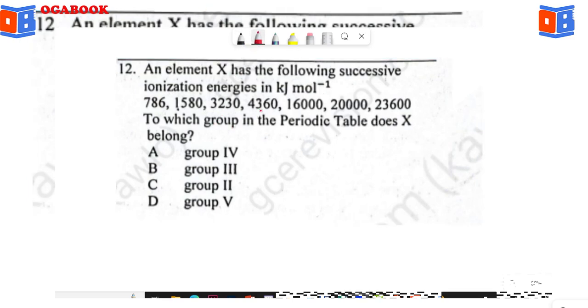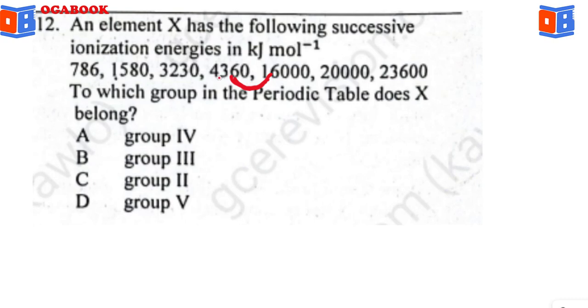If we check critically, we realize that the large difference in ionization energy is from the 4th to the 5th, where it moves from 4,000 right up to a very significant value of 16,000 kilojoules per mole, making a large difference in energy.